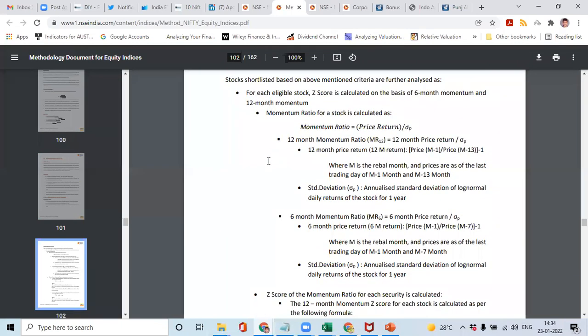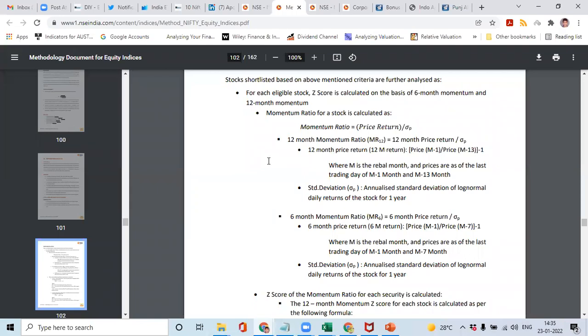Now for each stock, calculate a ratio called momentum ratio. What is momentum ratio? It's price return divided by some standard deviation. And how is he calculating the standard deviation? It is the annualized standard deviation of log normal daily changes. As I said, we are not doing daily, we are doing monthly business.